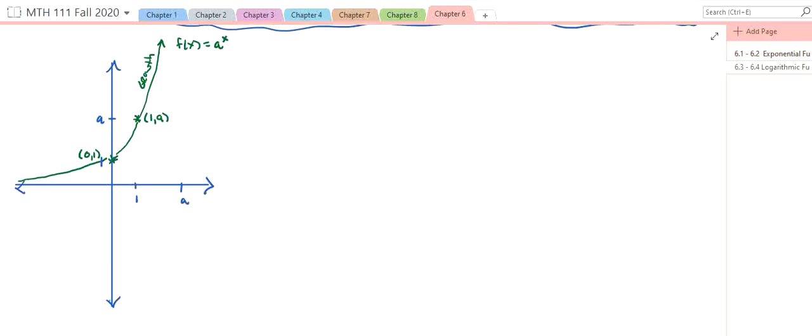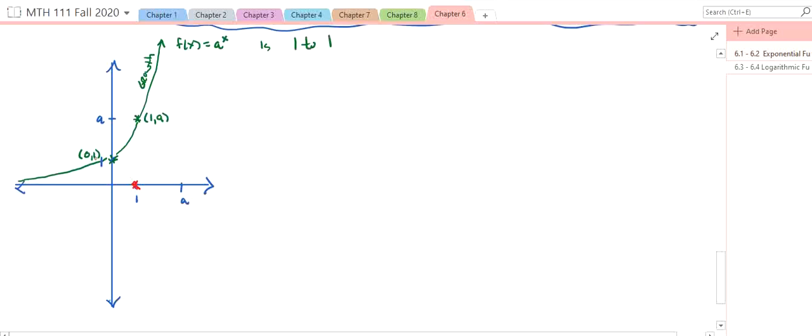Well, then, notice that if I were to take a horizontal line here, the exponential function is a one-to-one function. So I can find an inverse for it.